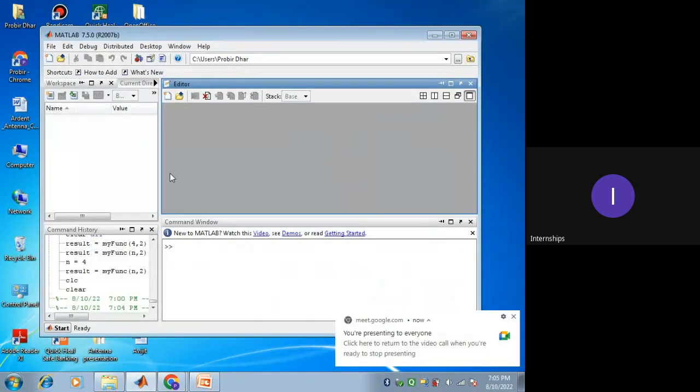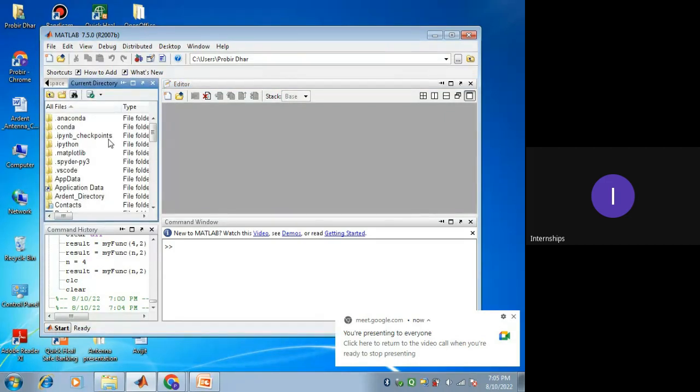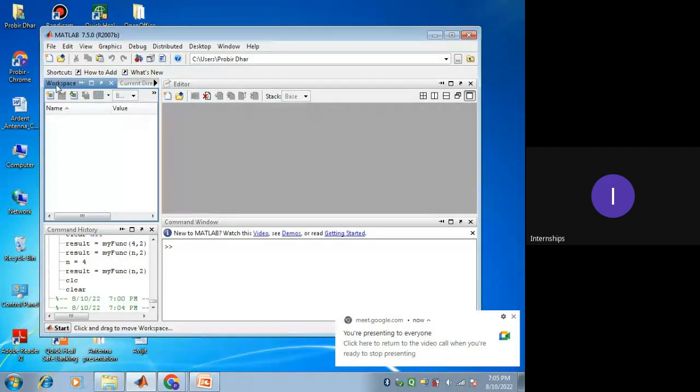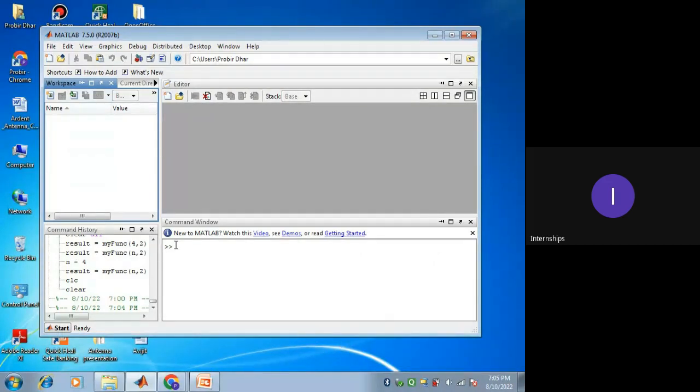It has four windows. This is known as the workspace. You can also find the current directory where you are right now, with all the contents of this current directory. There is one command window where you can enter your command to get the output. Here is an editor.